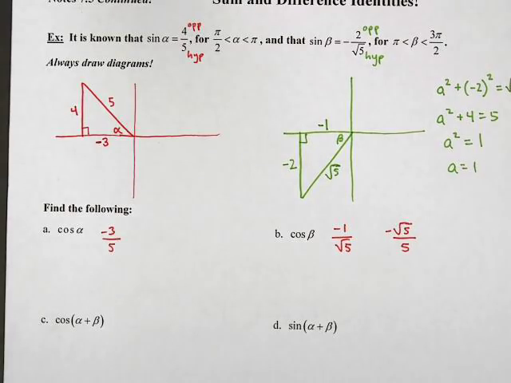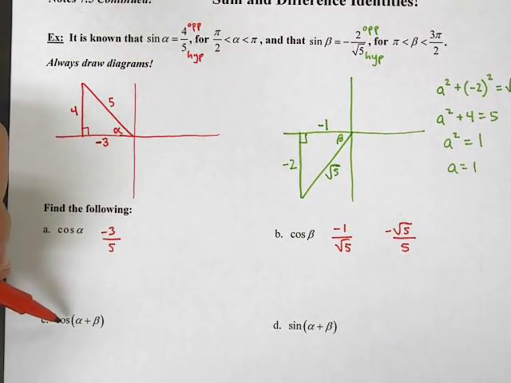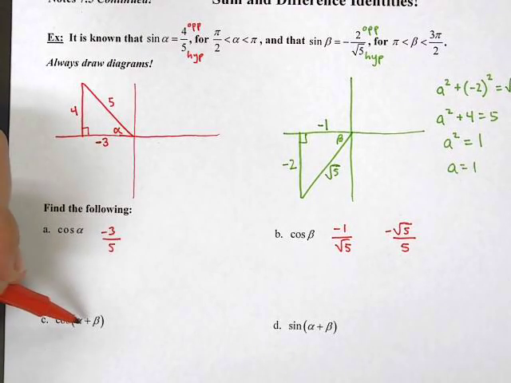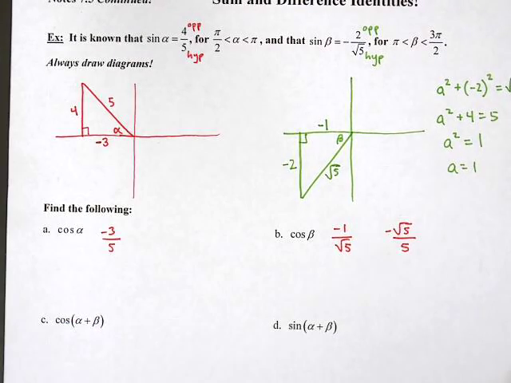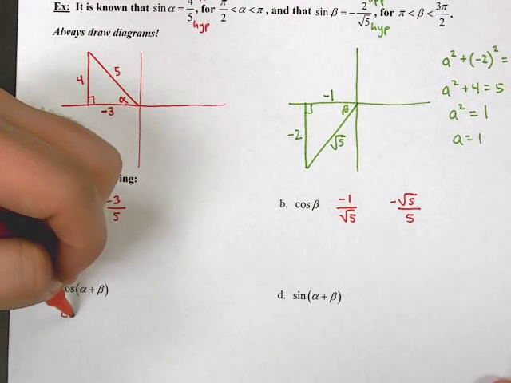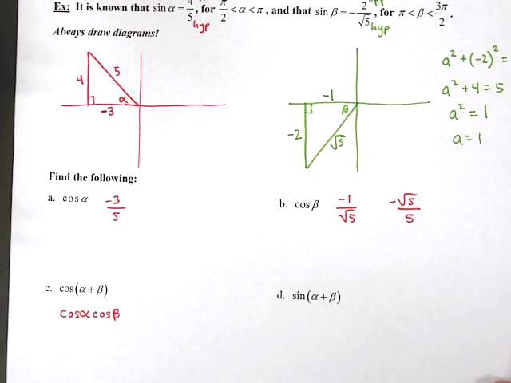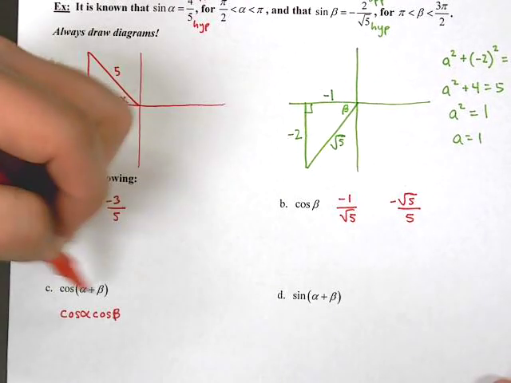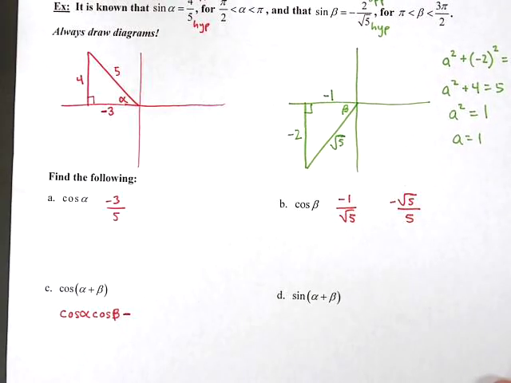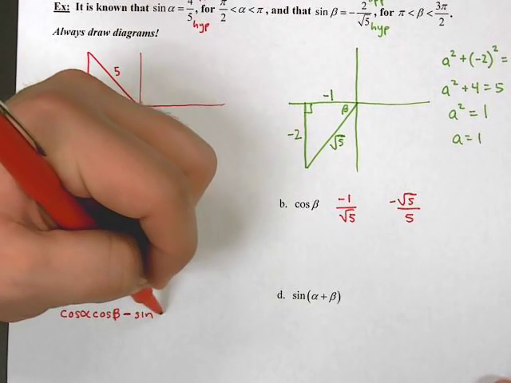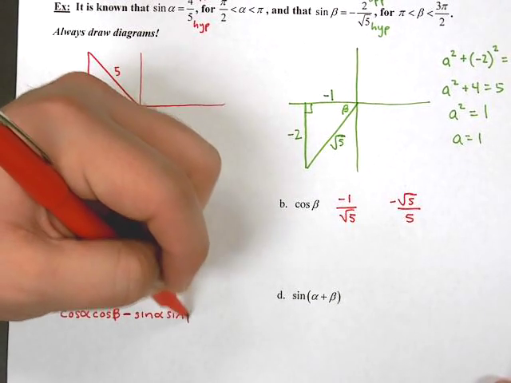Now, for our sum and difference identities, we need to remember that when we're finding the cosine of alpha plus beta, we use a formula. We use cosine alpha, cosine beta, the sign changes, and then you go sine alpha, sine beta.